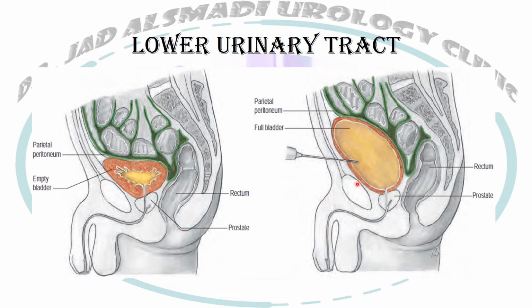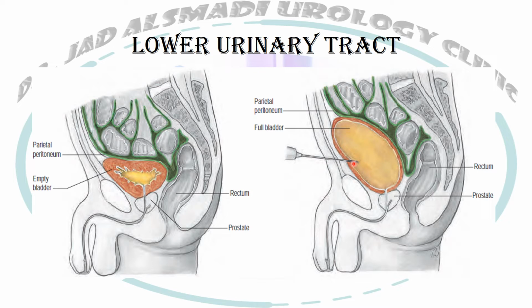Now, normally it can reach up to 5 to 7 centimeters above the edge of the symphysis pubis. This is the symphysis pubis. This distension of the urinary bladder can be useful in puncturing the bladder in the suprapubic area. We call it the suprapubic cystostomy if we put a drainage tube, or the cystofix, a common name that is well known.